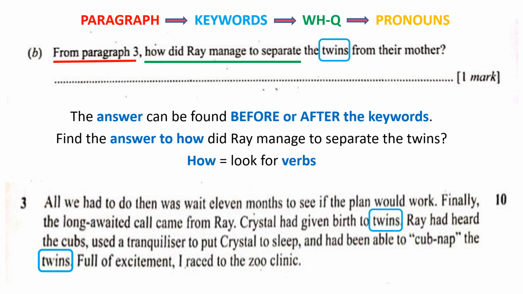Ray had heard the cats use a tranquilizer to put Crystal to sleep and had been able to catnap the twins. So that is the answer: to use a tranquilizer to put Crystal to sleep. Crystal is the mother, right?